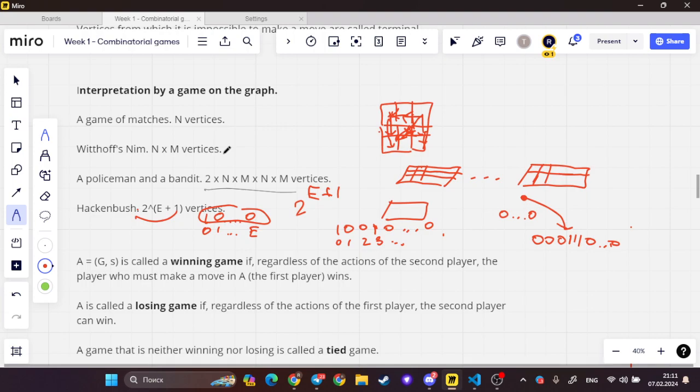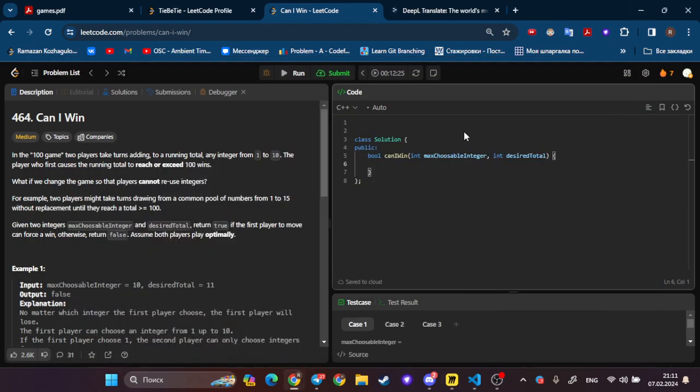If we, for example, have heaps 1, 2, and 5, this will be another task. And we need to come up with a new strategy, come up with different strategies.